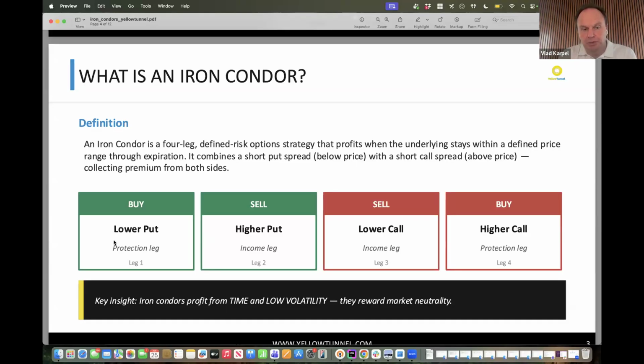So you buy a lower put, the protection leg. I like that term. The income leg is where you sell, and protection is you protecting yourself in case the market sells off. And vice versa, you sell a call, but what if Micron says that for the demand for memory, semiconductors and storage in general, there's no end in sight to when supply is going to meet demand?